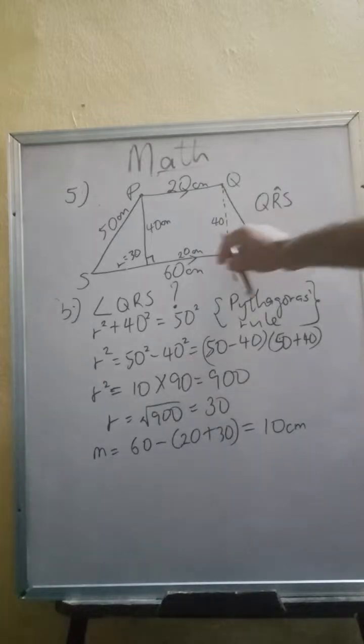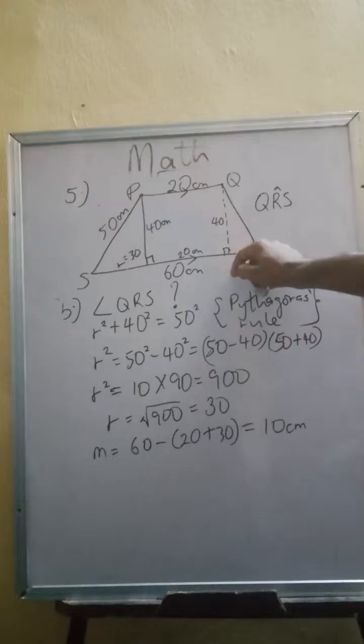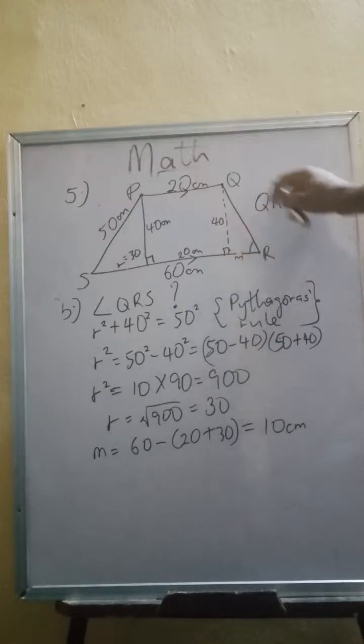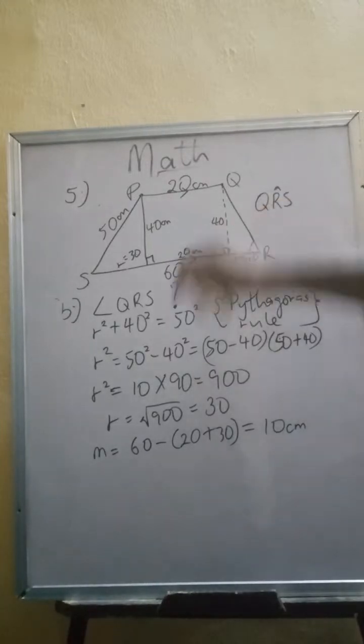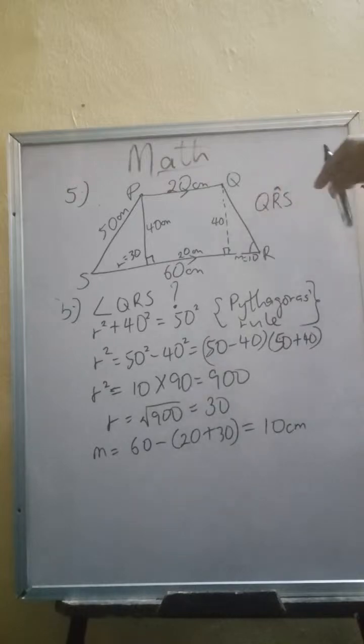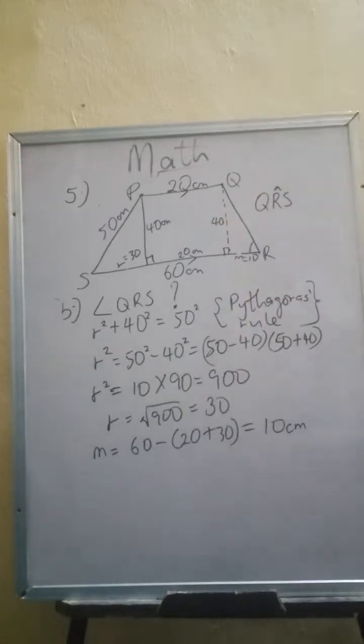Now over to the angle QRS. Since we have this as 10, it means we can use one of the trigonometric ratios. We have sine, cosine, and tan. And you ask which one fits into the situation we have here.